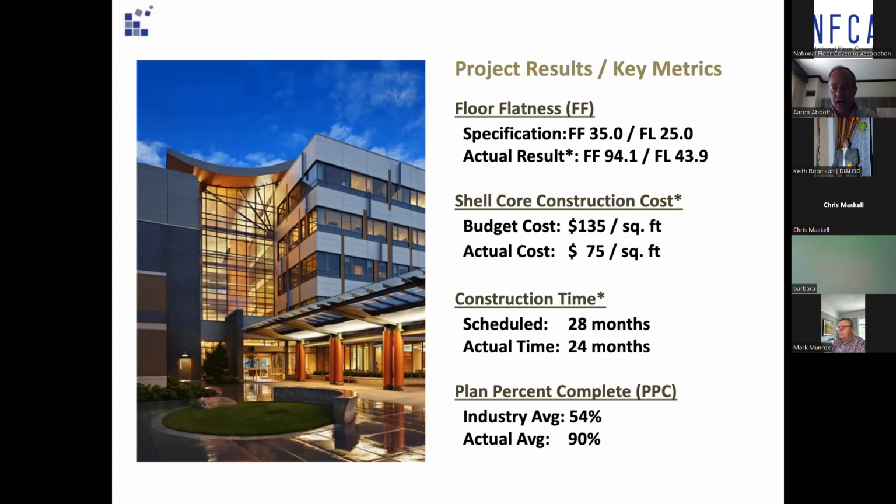The construction costs for this part of this project was reduced significantly. The construction time was cut significantly from, say, 28 months to 24 months for this phase. And so, time and money are often interchangeable, and in this case, both were appreciated.